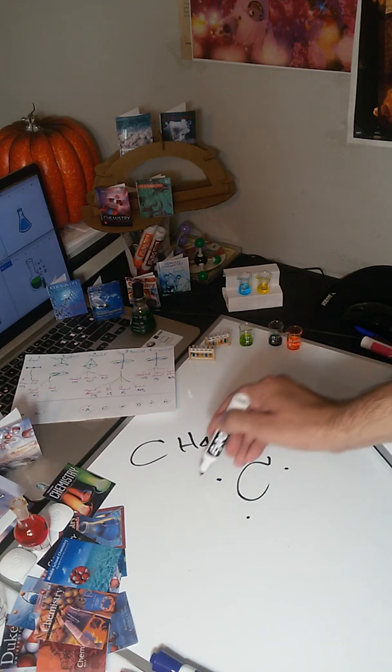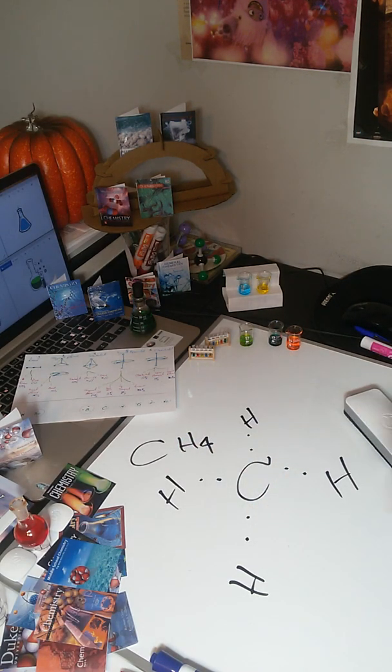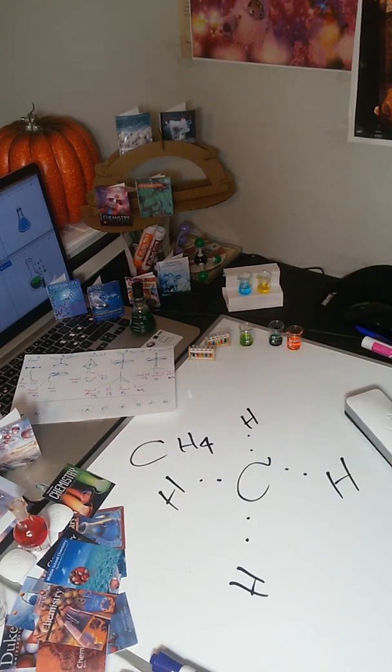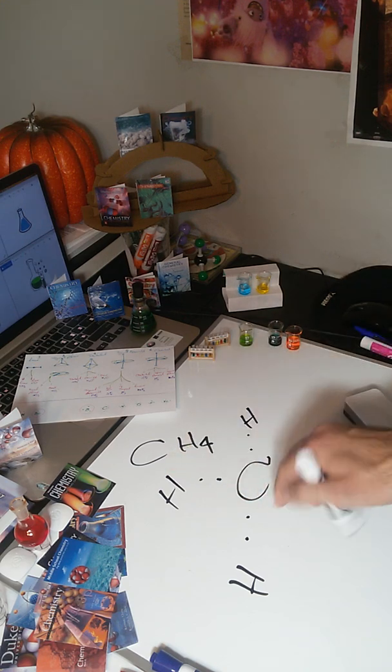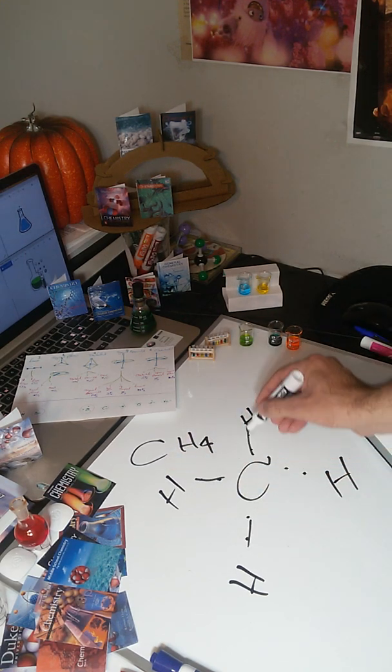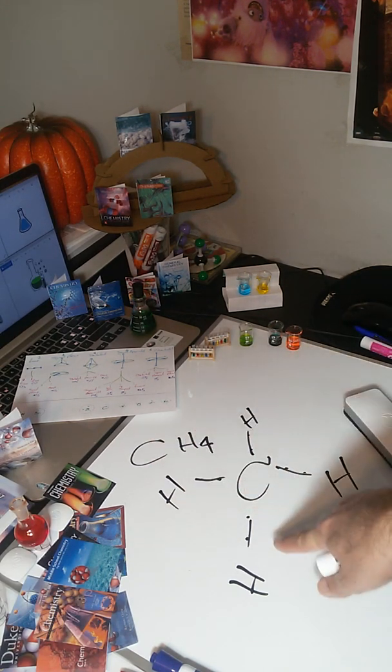I could satisfy my first, second, third, and fourth hydrogen, and by doing so I actually have satisfied all my hydrogens. And if you look, there are 2, 4, 6, 8 electrons around my carbon, and it has been satisfied as well. Okay, so all my atoms in the CH4 molecule have been satisfied.